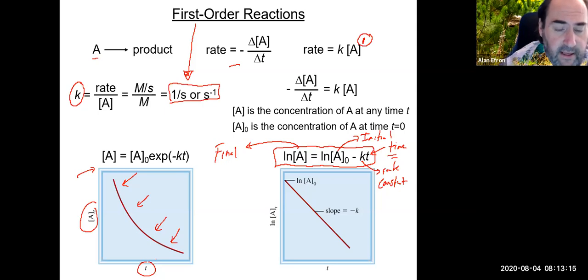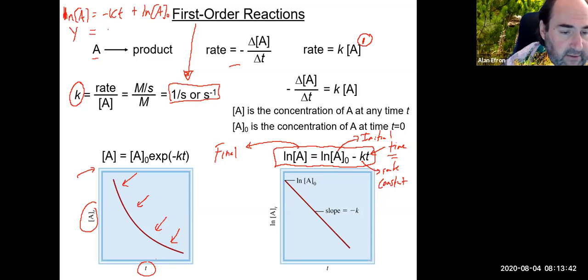Now, if we take this integrated rate law and rearrange it just a little bit, we take ln[A] equals minus kt plus ln[A]₀. Now, this version of this equation, which is the same equation just rearranged, is in the form of a straight line.